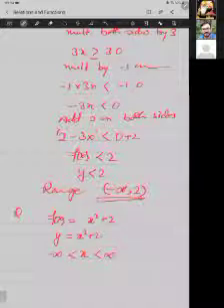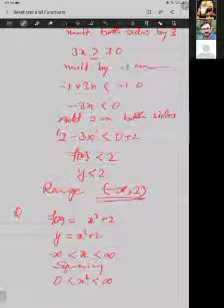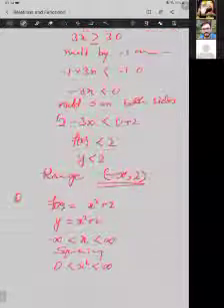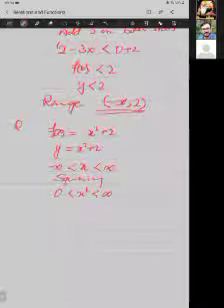Now squaring, x square is less than infinity and greater than or equal to 0. So x square lies between 0 and infinity. This is the value of x square, and we know that x square will always be positive. Whether x is negative or positive, it will remain positive.